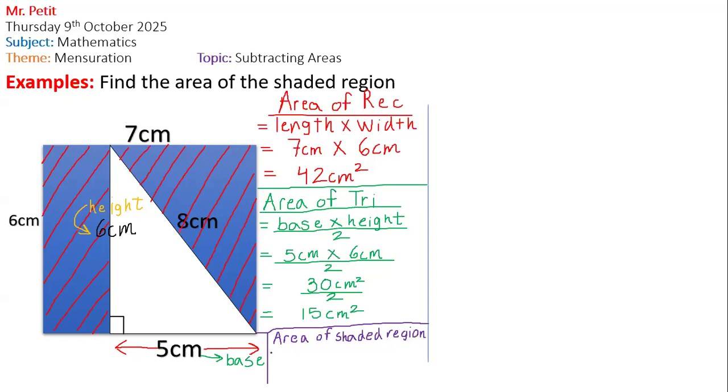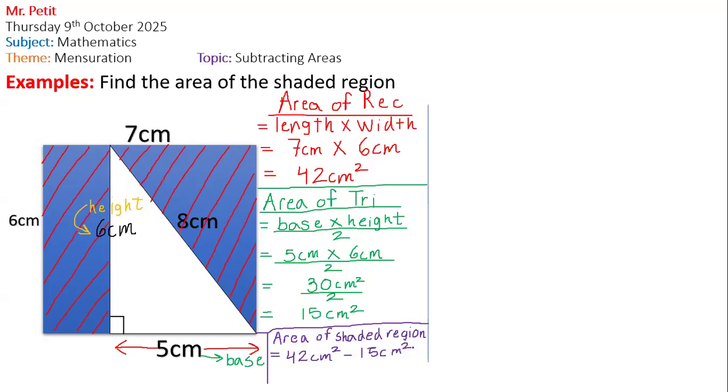Yes, we can. So the area of the shaded region is gonna be equal to what? 42 centimeters squared minus what? 15 centimeters squared. What do I get when you subtract them? 27 centimeters squared.